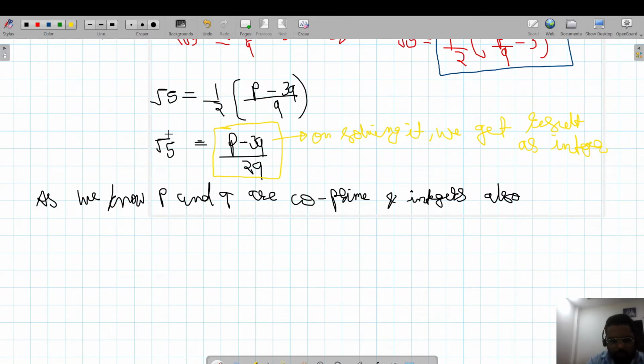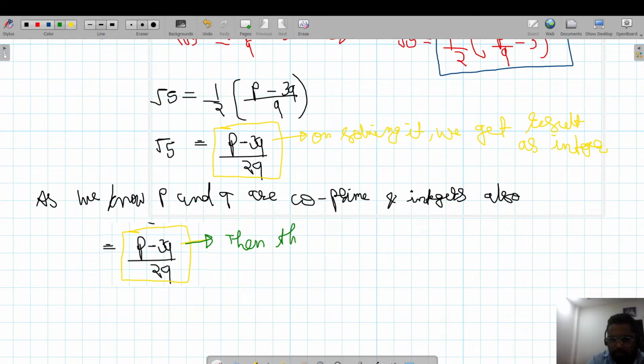So you can see, if our result at the right hand side is an integer, I can say that this result, being an integer, represents a rational number.